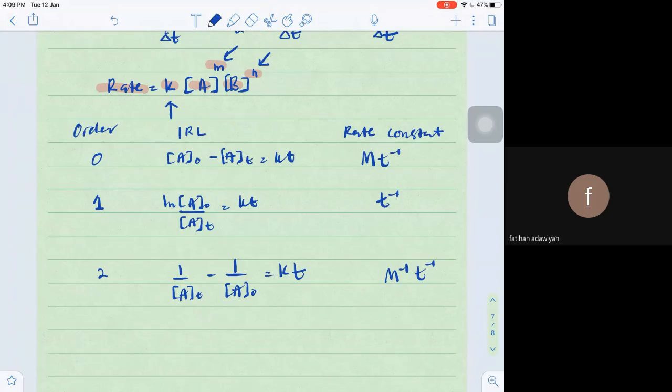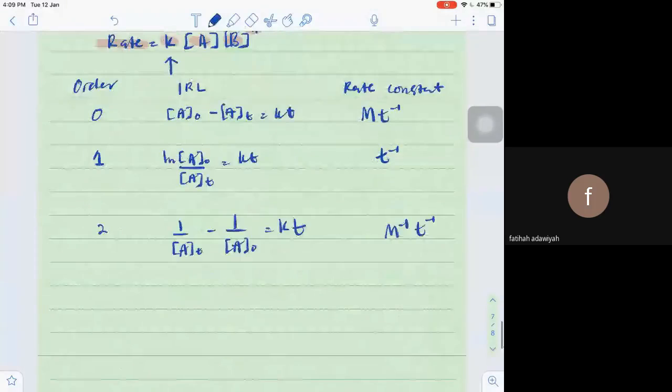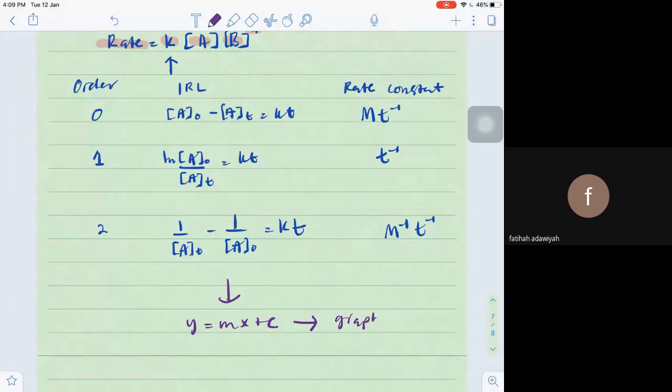From these integrated rate laws, we also rearrange all three equations to achieve a linear equation, y equal to mx plus c, to determine the order of a reaction by using the graphical method.